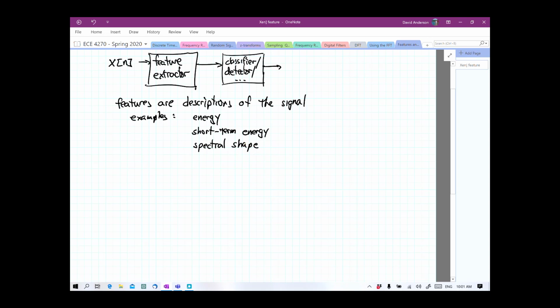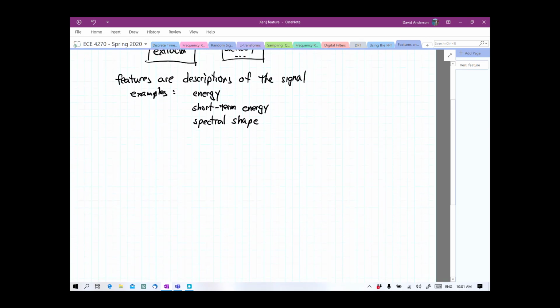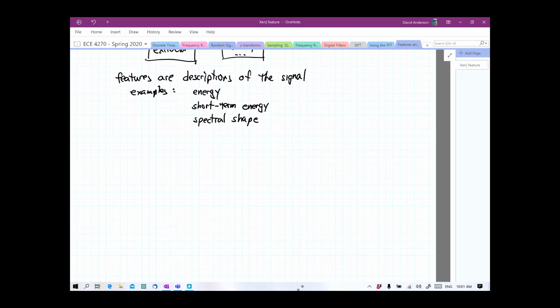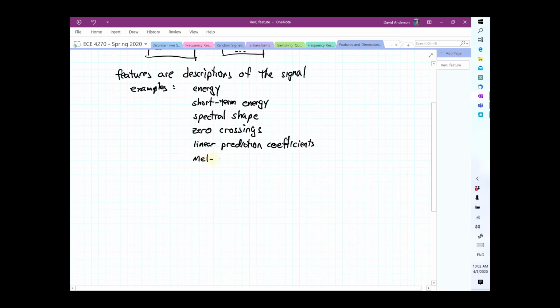So the spectral shape may come from, say, the FFT. Other examples could be things like zero crossings, linear prediction coefficients. A popular one is frequency cepstral coefficients. It could be just samples of the signal itself, peak values, on and on and on.